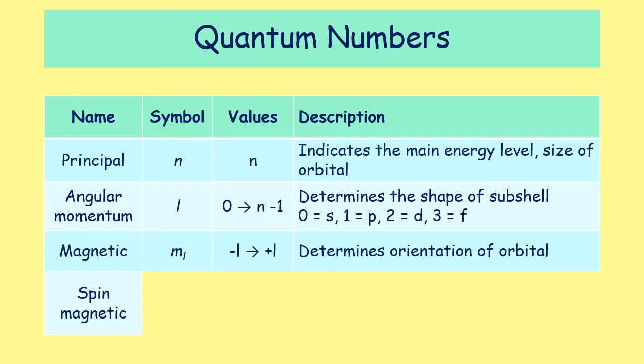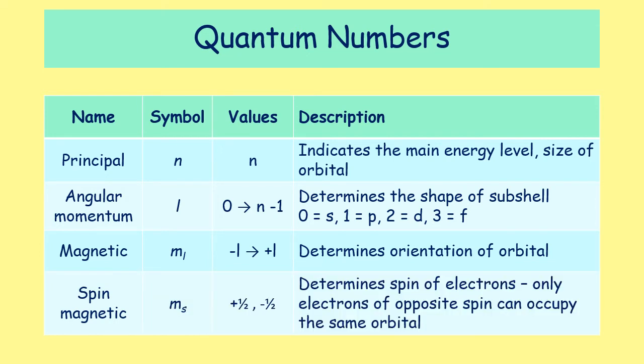What this ends up doing is when your angular momentum is 1, for p, you end up with 3 values for the magnetic quantum number because there are 3 types of p orbital. When your angular momentum is 2 for a d orbital, this system of minus l to plus l results in 5 different magnetic quantum numbers for each of the 5 different d orbitals.